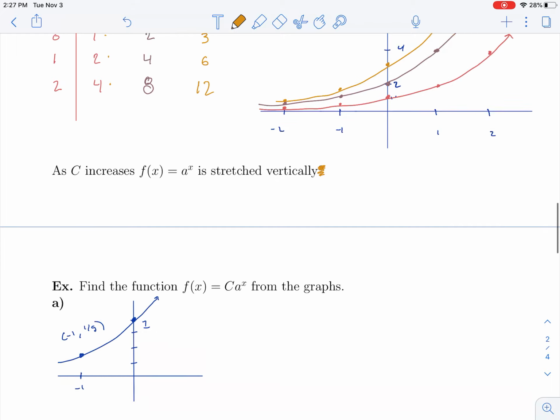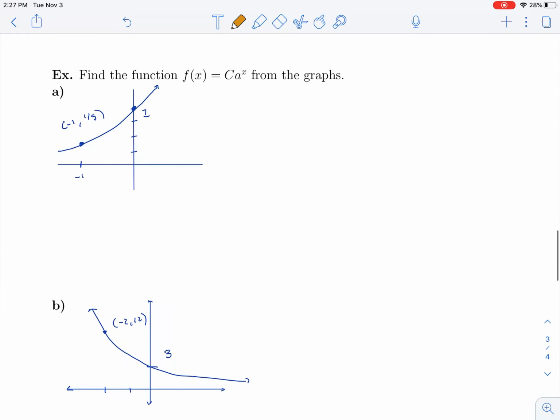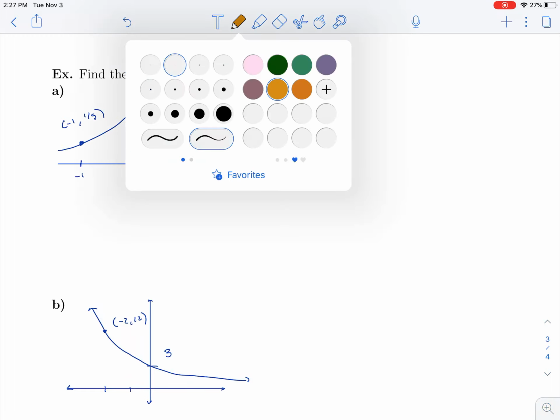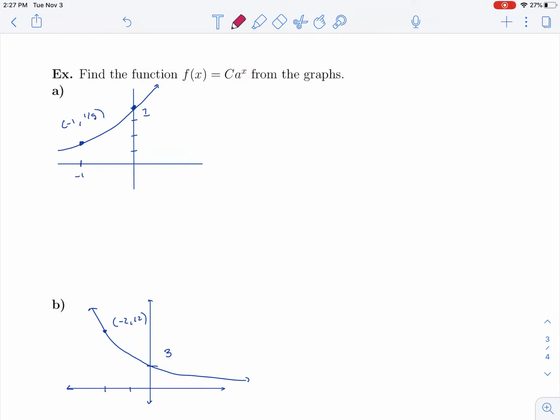It's all that I prepared. So great. We're going to find the functions f of x equal to c a to the x from the graphs.